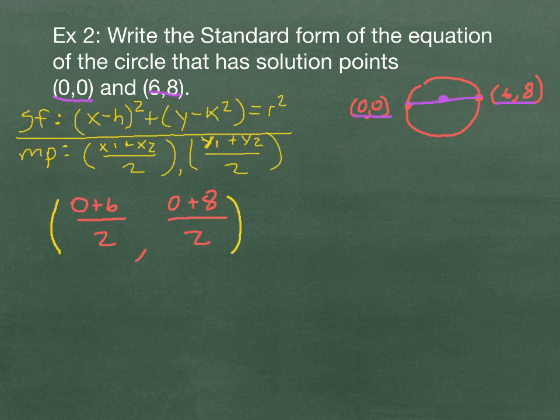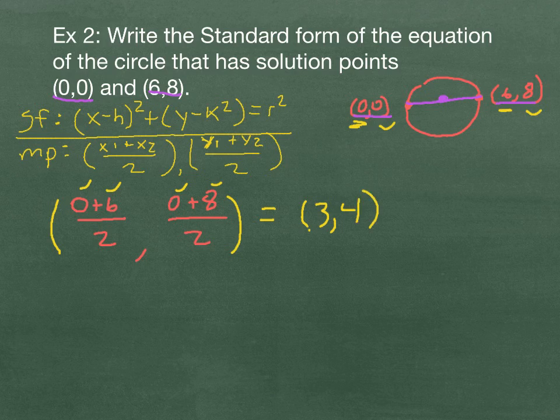Okay, so here I substituted these two into the midpoint equation, and you see here I use the two x values, 0 and 6, and the two y values, 0 and 8. I divide them by 2, and this will give me a midpoint of 3, 4.